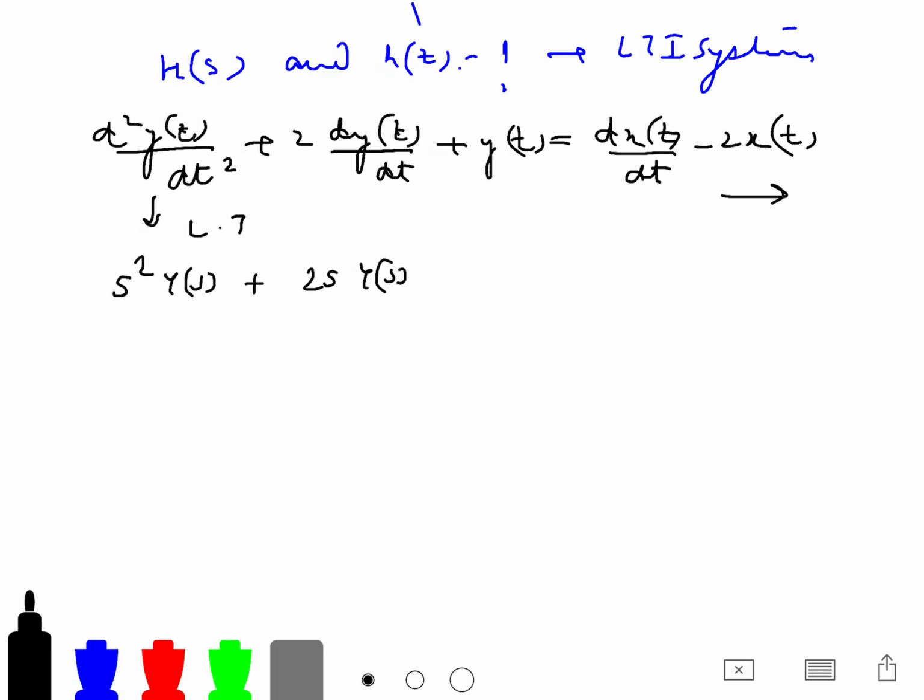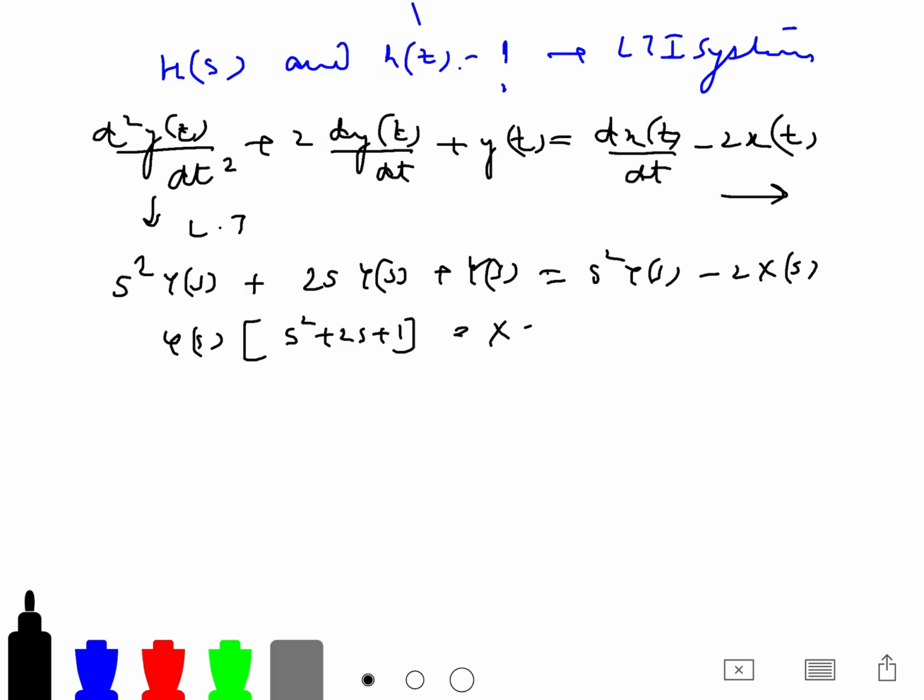Now how can you solve it? Take the Laplace transform of this equation. When you take the Laplace transform of this equation, it will be s^2 Y(s) plus 2s Y(s) plus Y(s) is equal to sX(s) minus 2X(s). Okay, right? Take Y(s) common.